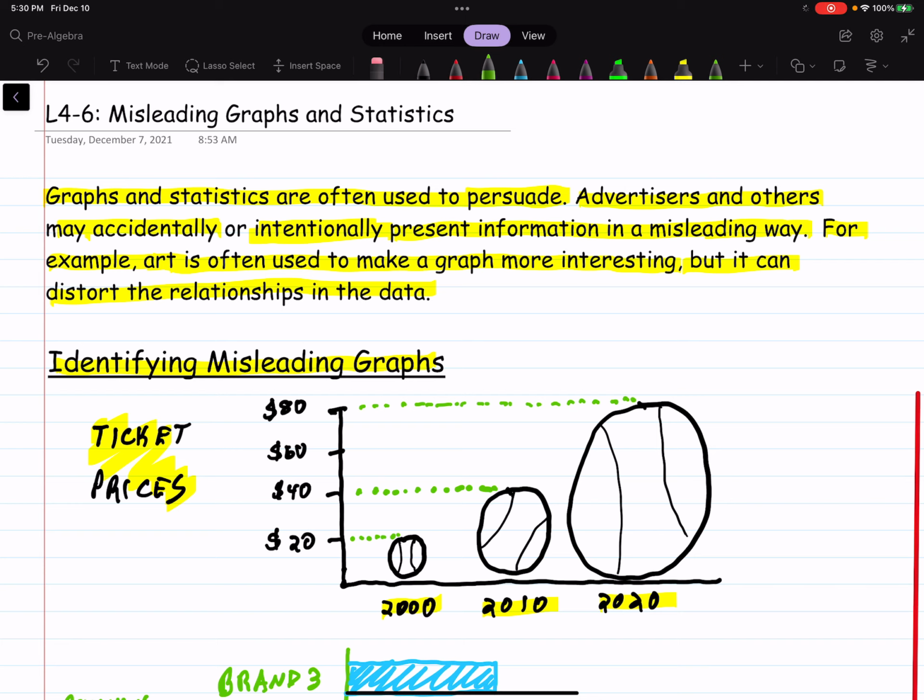Now, by using the baseball drawings right here, and right here, we made the chart a little bit more interesting, and if you were a really good artist, maybe a lot more interesting. But instead, what we've also done is we've kind of distorted the graph. Because let's take a look at the size of that baseball.